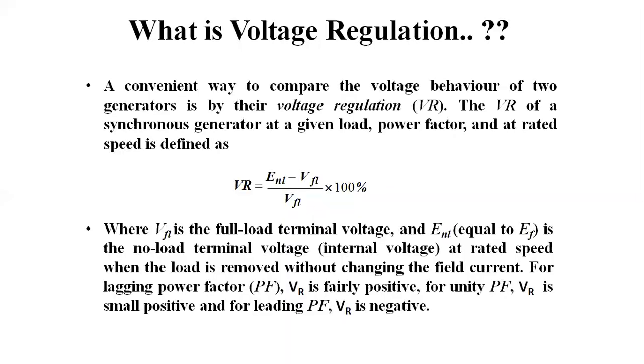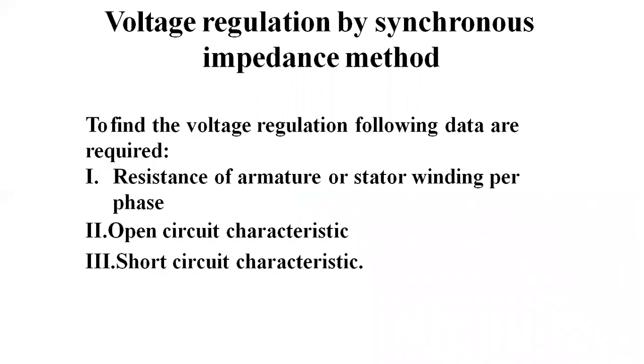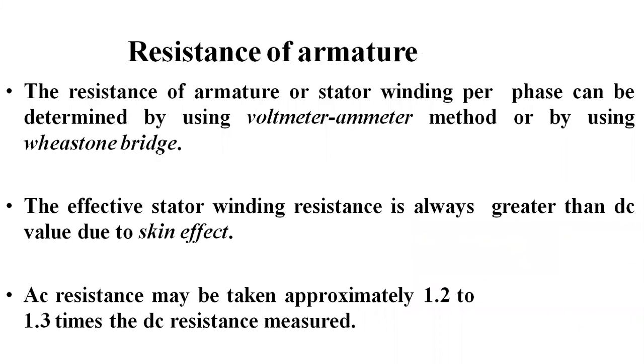Next is the open circuit characteristics, where we can assume the generated EMF will almost be equal to the terminal voltage. And short circuit characteristics means when we are having the maximum load current in the alternator terminal.